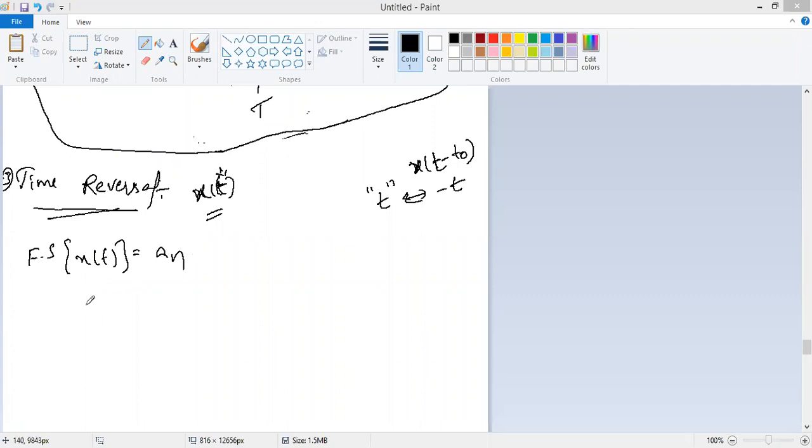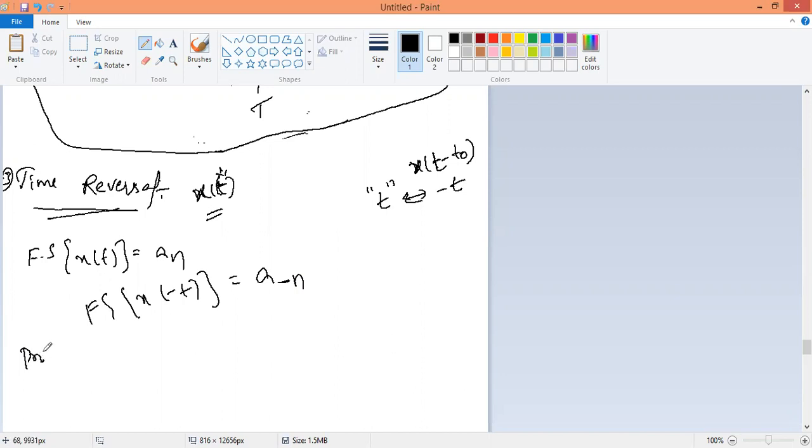In the same way, the Fourier series of x of minus t value equals a minus n. A minus n. Next, see the proof.